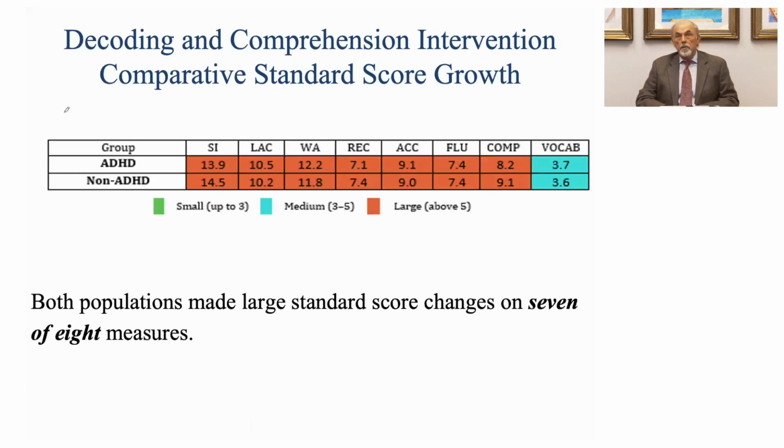Since we were addressing both areas, you can see the large standard score gains across all those measures, including comprehension, word attack, word recognition, accuracy, and so forth.